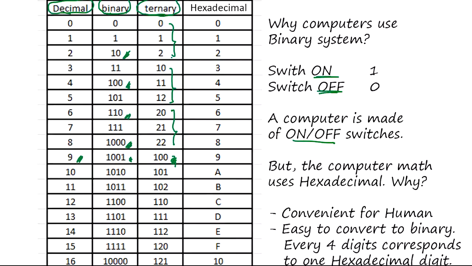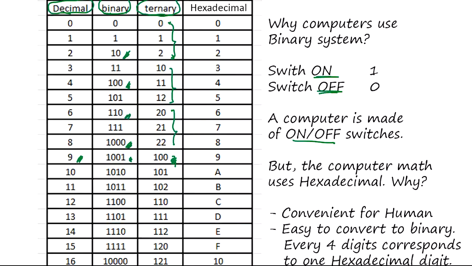So that's okay too. And some attempts were made to make a computer using ternary numbers. A Russian scientist did that and found it's more efficient and quicker to do calculations than binary. But that's another subject for computer science.